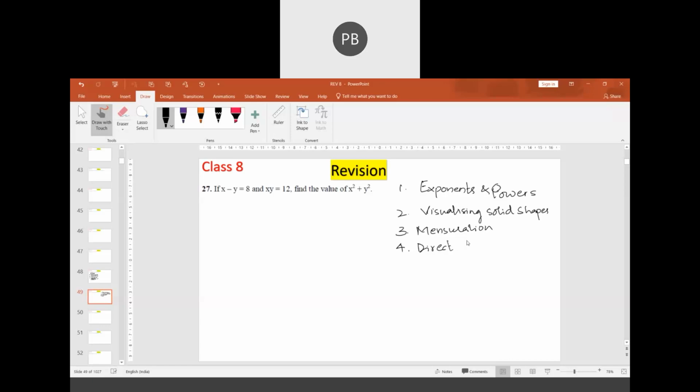Introduction to graphs, sir. And playing with numbers. Five chapters is enough. This is also a very easy chapter, playing with the numbers.